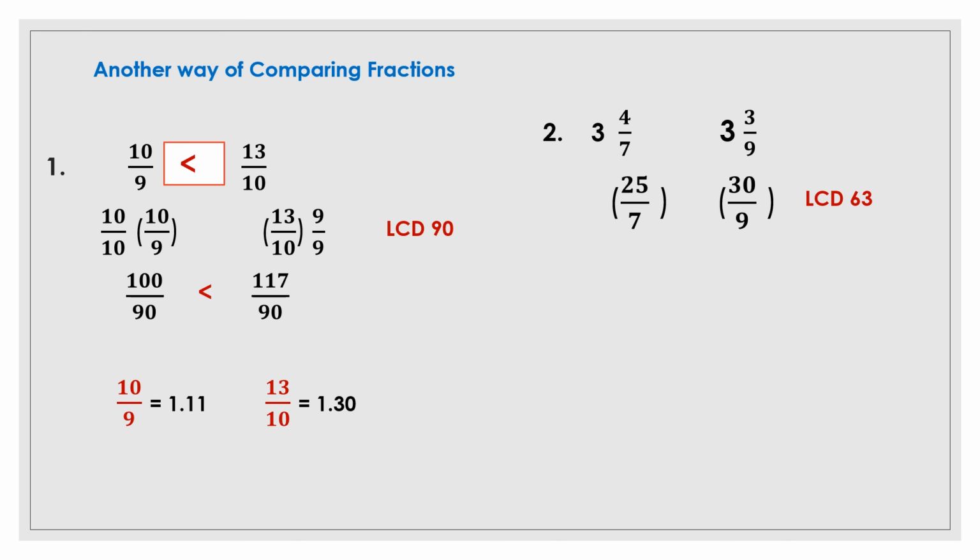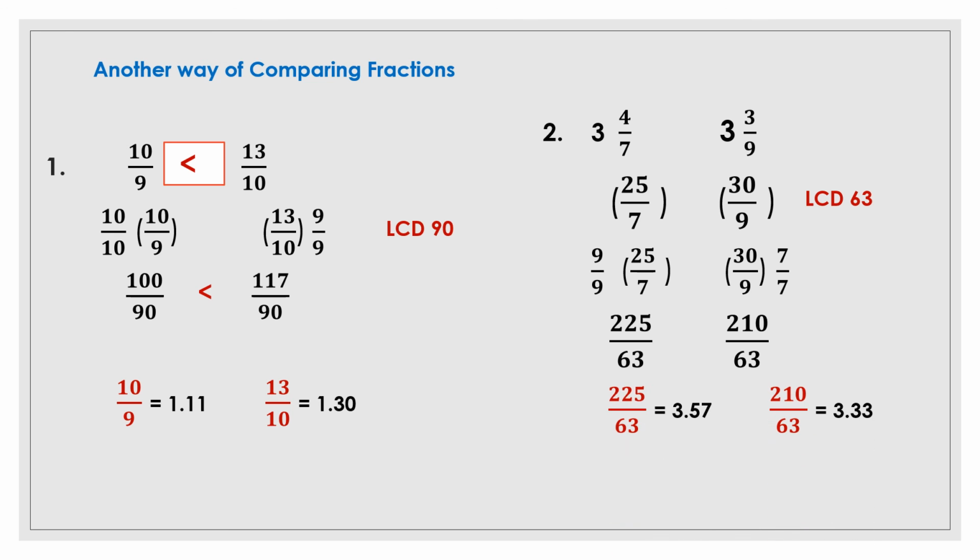We have 63. So, we have this 25 over 7. I-multiply natin ito by 9 over 9 at saka itong 30 over 9, i-multiply natin by 7 over 7. So, it's now equivalent to 225 over 63. Then, 30 times 7 is 210 over 63.